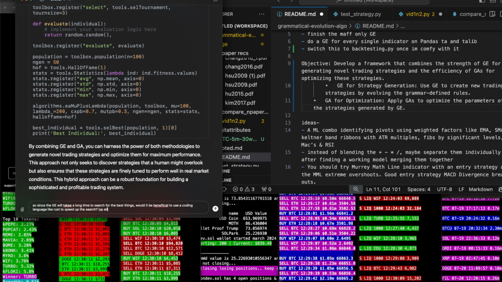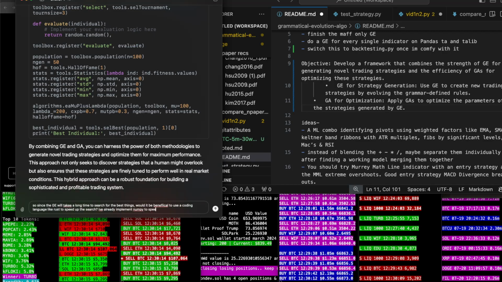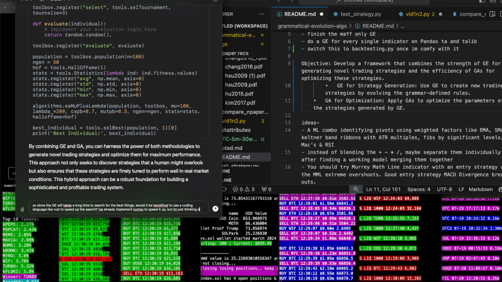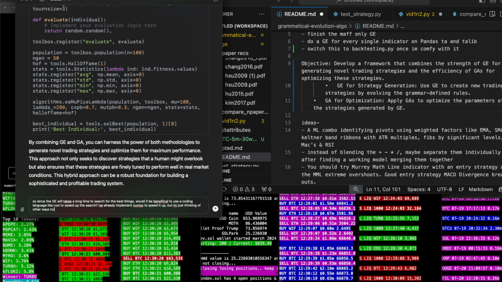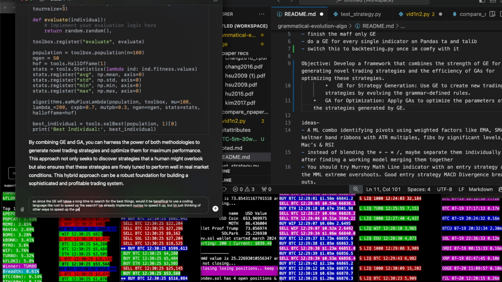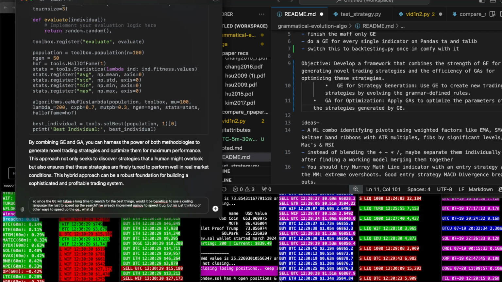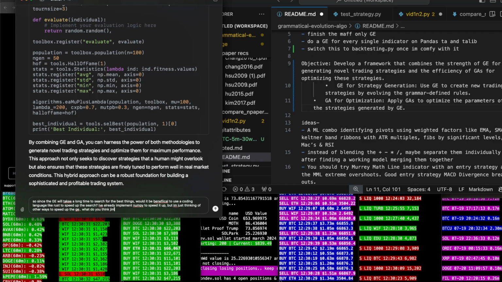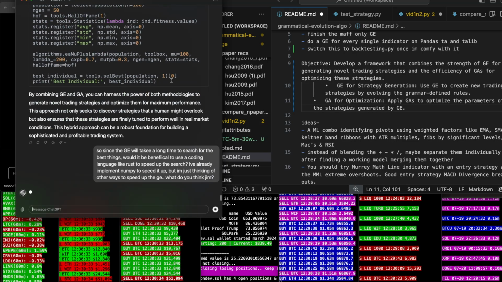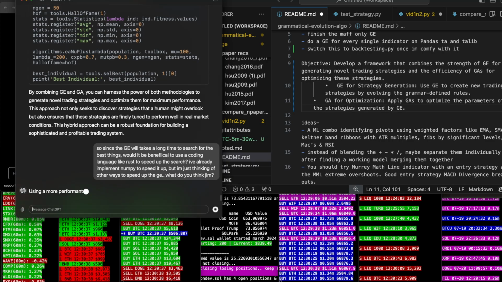I've already implemented NumPy to speed it up, but I'm just thinking of other ways to speed up the GE. What do you think, Jim? Jim, what do you think?